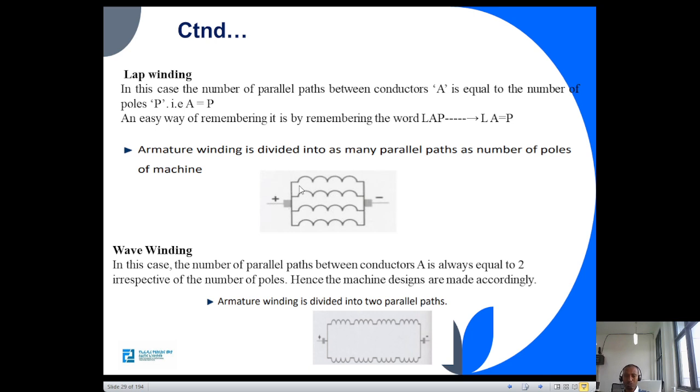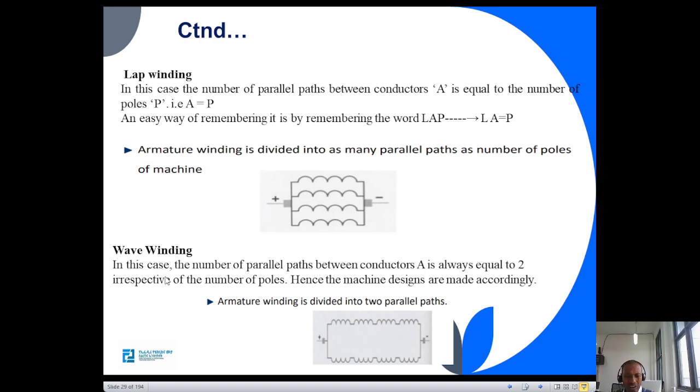The number of parallel paths in the conductor, which we represent with A, is always equal to P in a lap winding. The number of paths is equivalent to the number of poles. If we have 4 poles, definitely we'll get 4 paths.